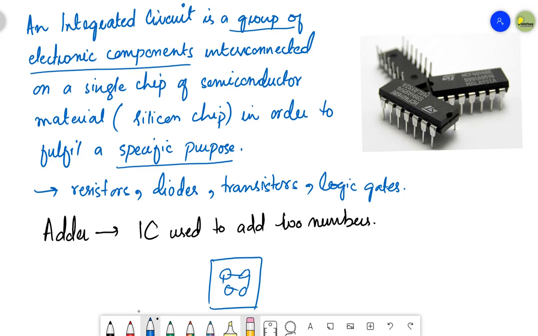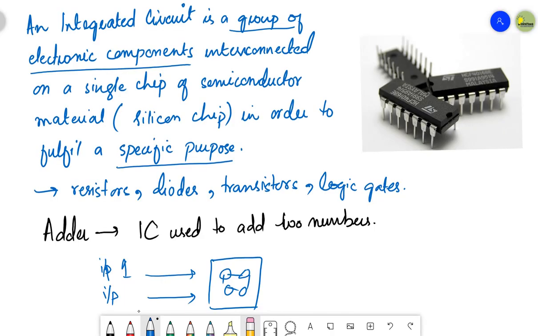You should know that an IC is basically electronic components connected to one another in order to fulfill some kind of function or purpose. So let's talk about an adder. In an adder, you are going to have two inputs that go simultaneously into the integrated circuit. This is input number 1 and this is input number 2.